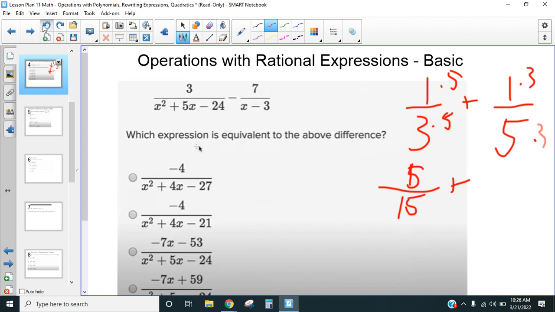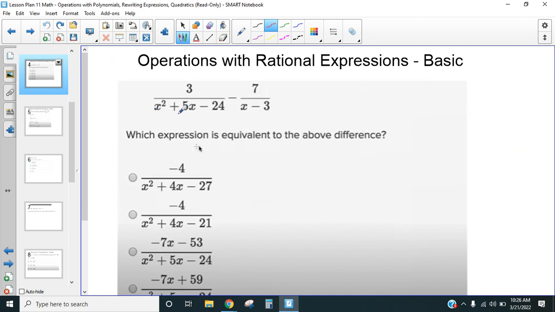Okay. Now, how do we do that with just expressions like this? Well, first of all, we got to figure out what is the denominator composed of. Who knows how to factor this one? X and X, and then I need two numbers that multiply to -24 and add up to 5. What are they?